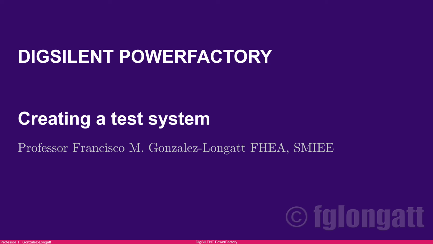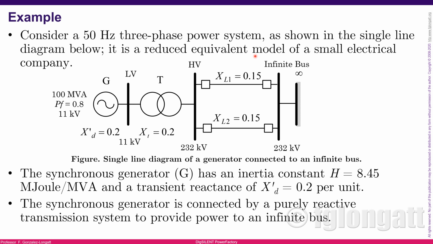And let me discuss a bit about the test system that we are creating today, okay? In this video, we are creating this extremely simple example. I believe you are familiar with this, okay? If you are following my courses about advanced power systems, transient stability, dynamic processes, I mean, in several courses I use this example.